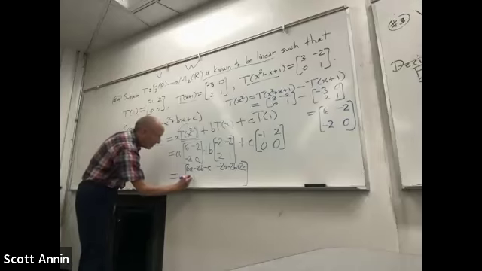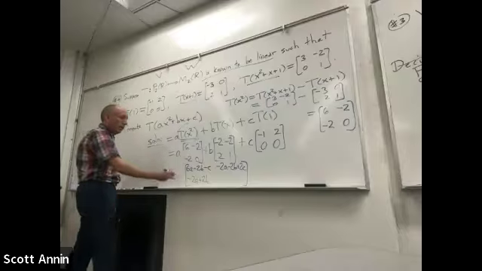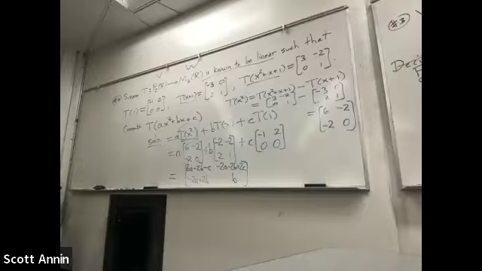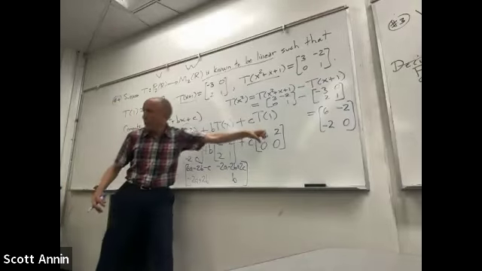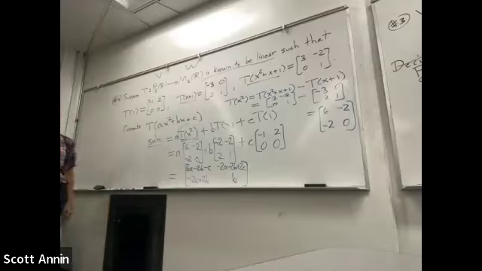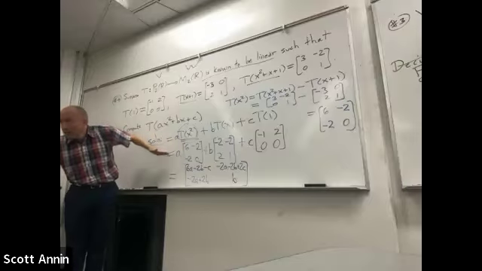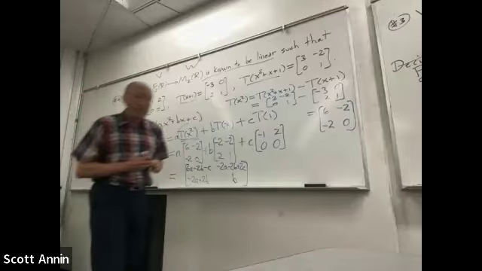The lower left corner is -2a plus 2b, and the lower right corner is just b. Does everybody see how I made this one matrix out of the terms of the line right above it? Yeah, that would be optional. Like this is also totally correct, but this would be just one extra step if you wanted to.